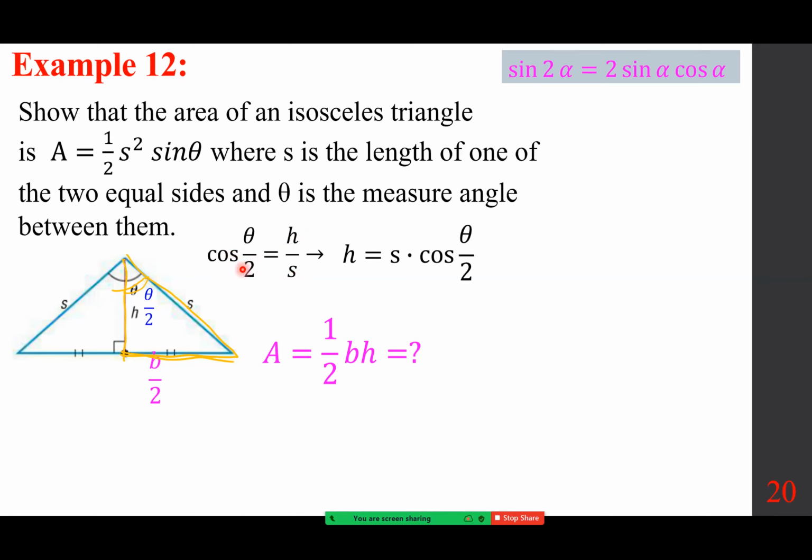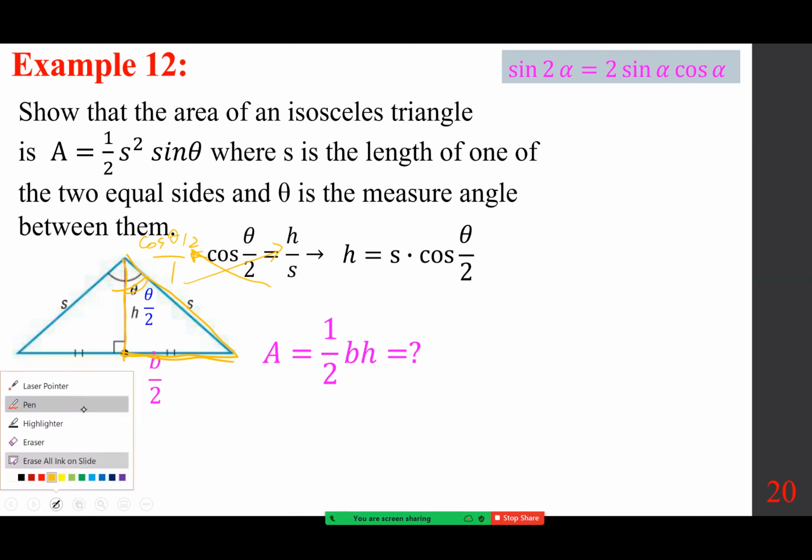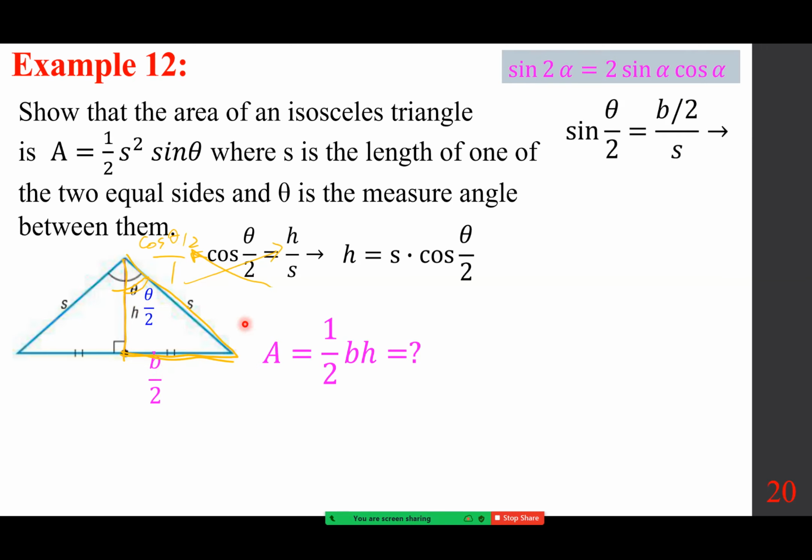Remember, this is cosine theta over 2 over 1. That's the cross product. What is sine theta over 2? This is theta over 2. Sine is the opposite, b over 2 over s. And therefore, b over 2 is s times sine theta over 2, and then b is 2 times that.